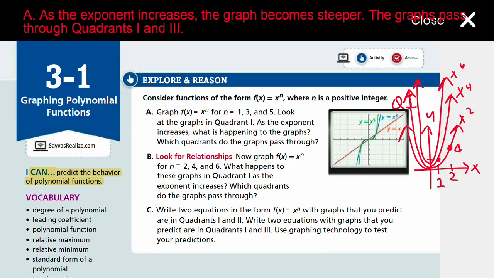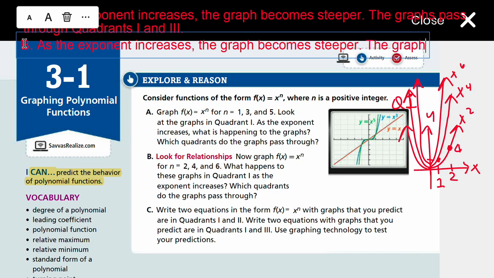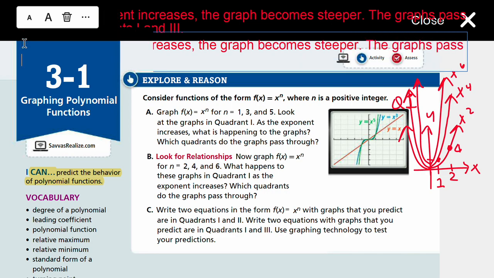Okay, let's record that and write down the relationships. So as the exponent increases, the graph also becomes steeper. And the graphs pass through quadrants 1 and 2, sorry.